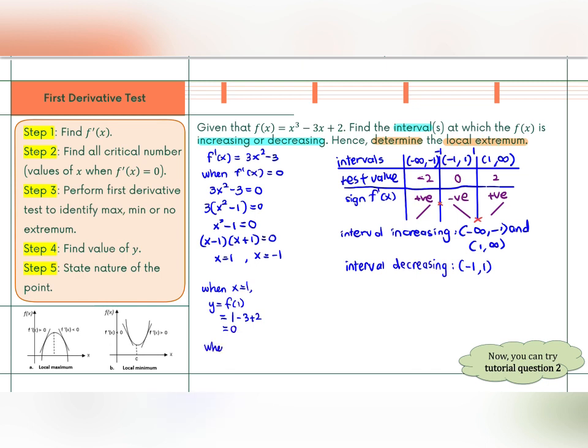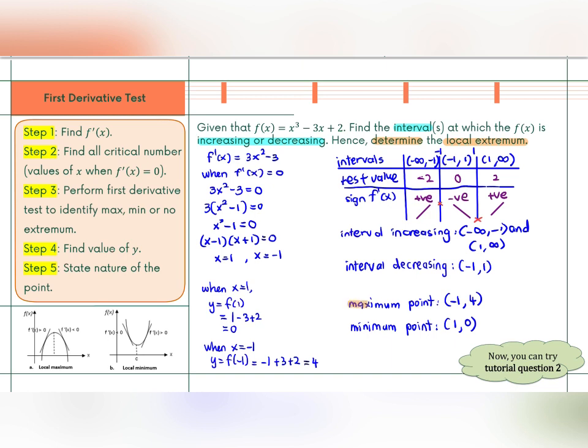Dan when x equals to negative 1, our y will be equals to f of negative 1. So dekat sini kita ada negative 1 plus 3 plus 2. So 5 turun 1 dapat 4. Okay, so that means our maximum point will be at negative 1, 4. And the minimum point will be at 1, 0.